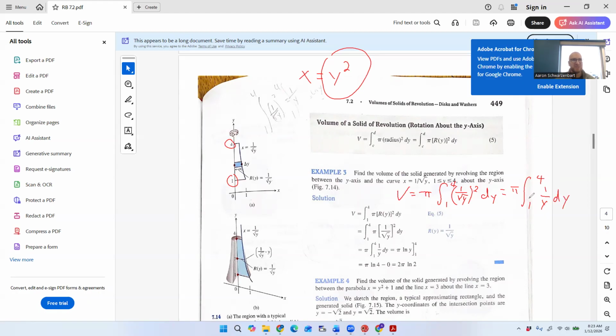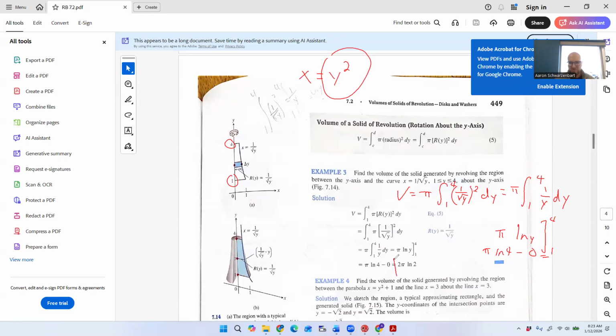The squared actually works out to be nice in a lot of these, especially with square roots. ln 1 is 0.